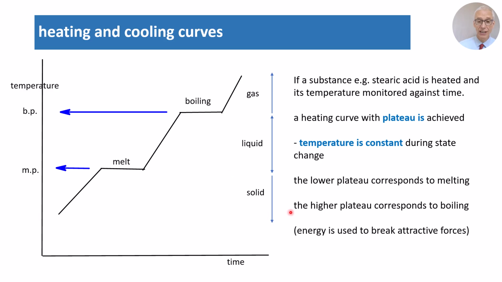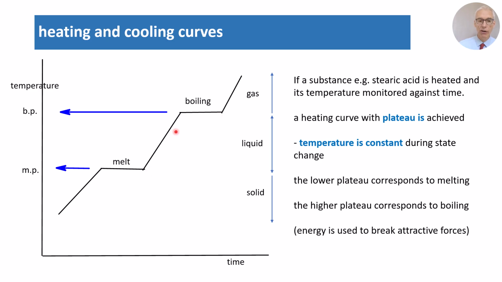Now, why is it that the temperature remains constant during state change? Well, energy is used to break attractive forces between the particles. So in a solid, there are strong attractive forces. In a liquid, they are weaker. Well, that process of weakening occurs on melting.